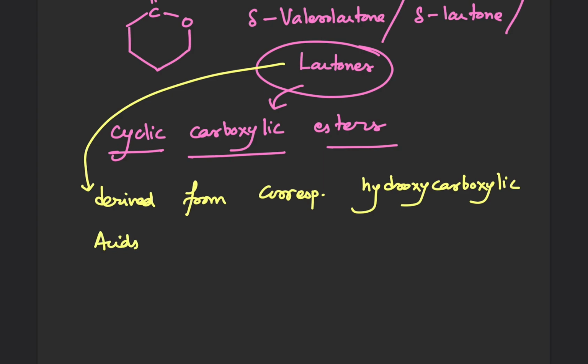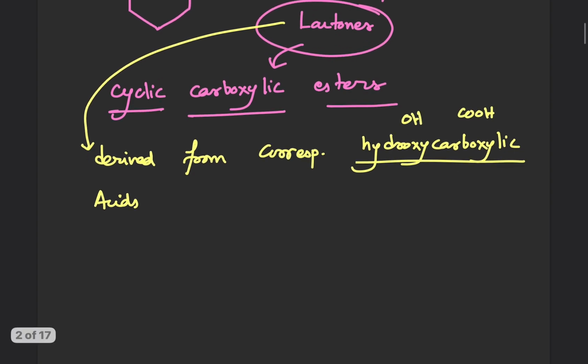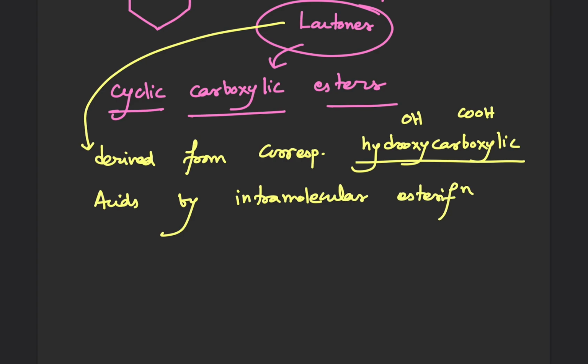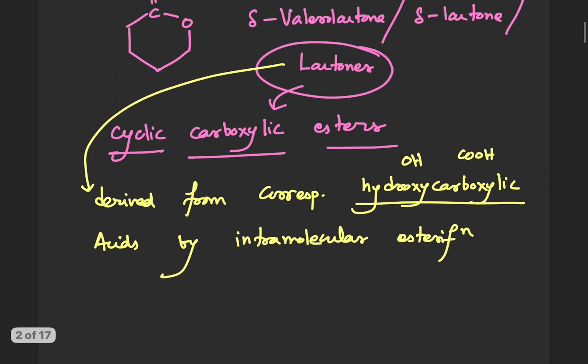What are hydroxy carboxylic acids? Those carboxylic acids which contain OH and COOH groups on the same molecule. These lactones are derived from the corresponding hydroxy carboxylic acids by a process called intramolecular esterification. So this is some information about lactones.